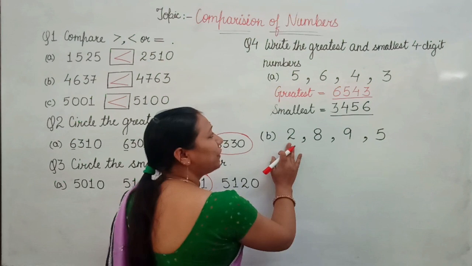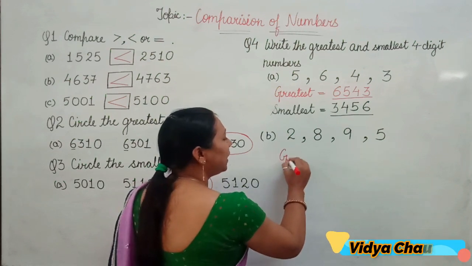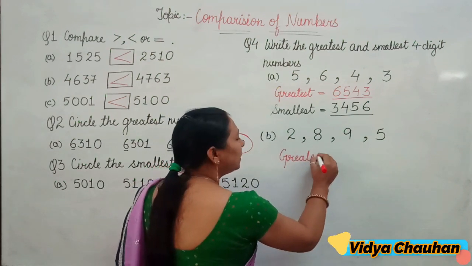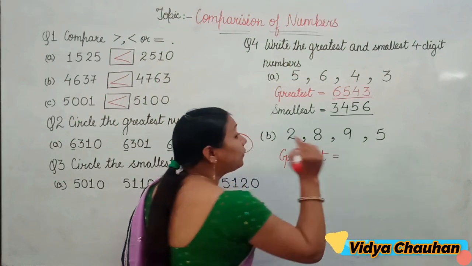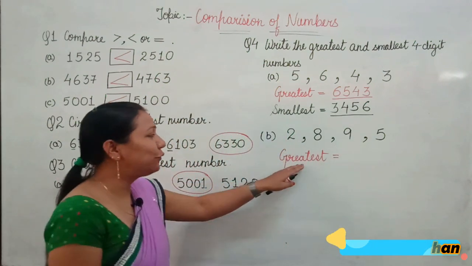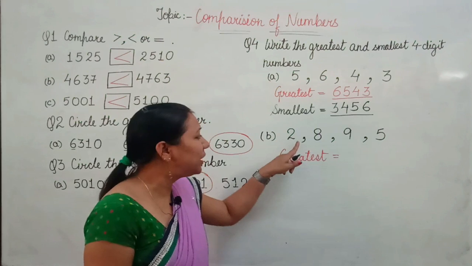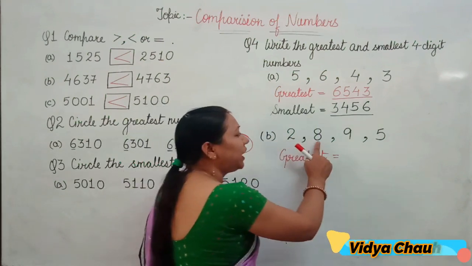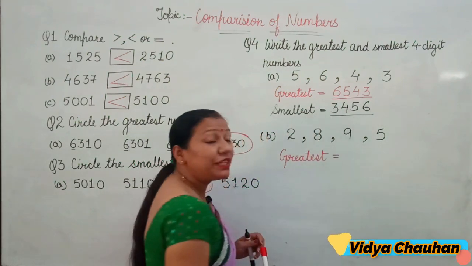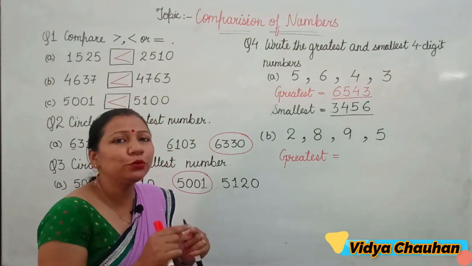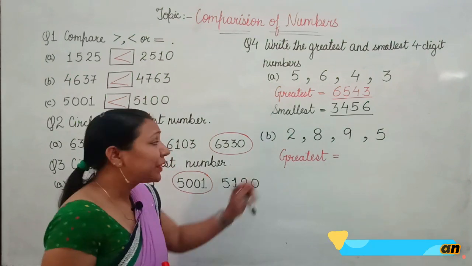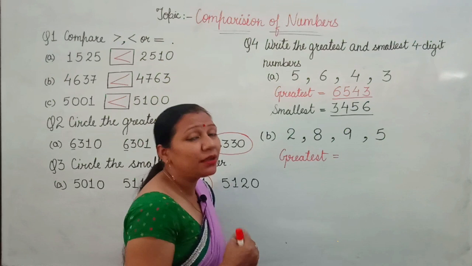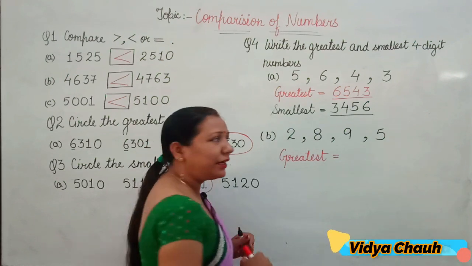Once again, you have to find the greatest number and the smallest number. Which type of number? 4-digit number. So we have to find the greatest 4-digit number using the given digits 2, 8, 9 and 5. These are the 4 digits given to you. For finding the greatest number, we have to start with the greatest digit.